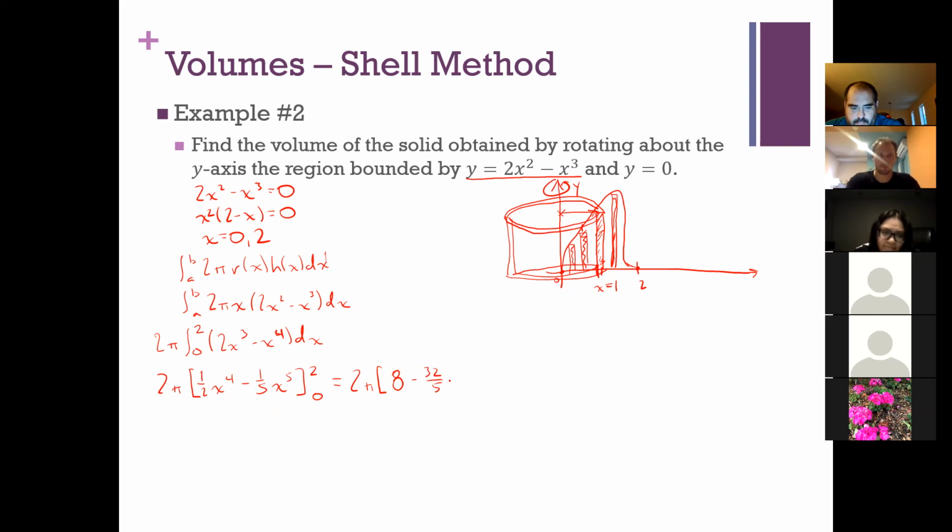Is it 16 pi over 5? I got one vote for 16 pi over 5. Looks good to me.